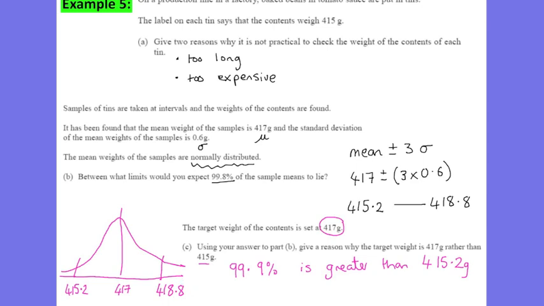We can see here that by having our target weight of 417, everything above 415.2, all of the yellow part here, is equal to 99.9% of the distribution. The point just here is only 0.1%. This means that when this machine is working, 99.9% of the tins have a weight greater than 415.2 grams.